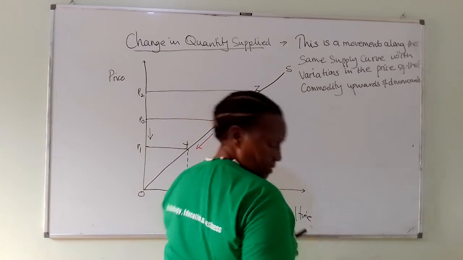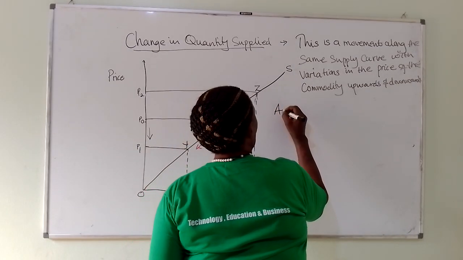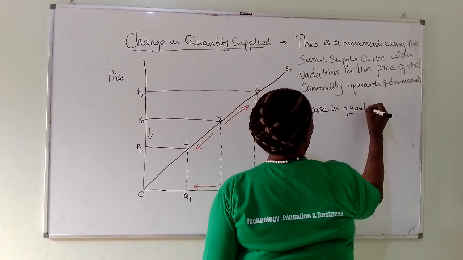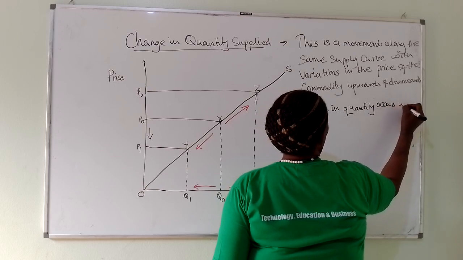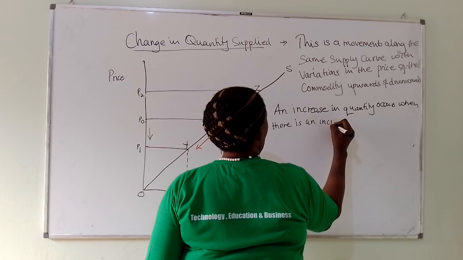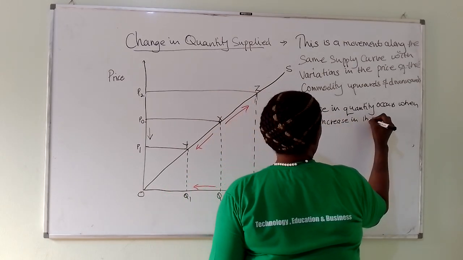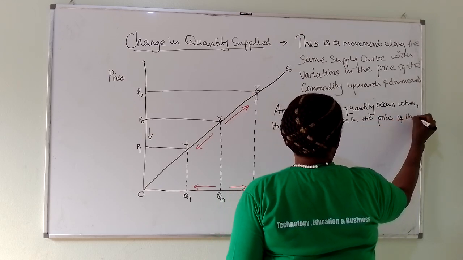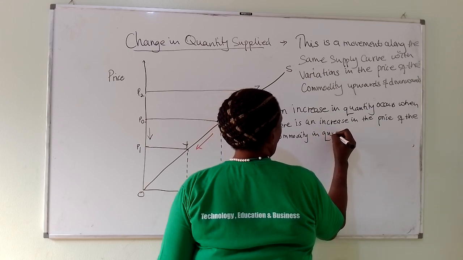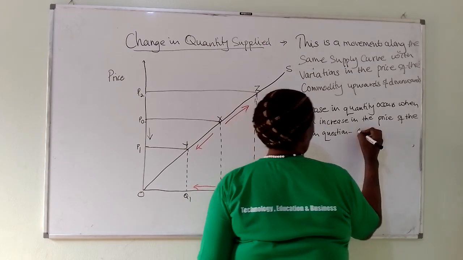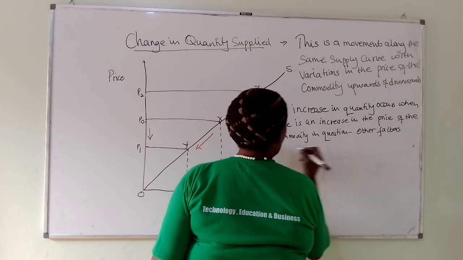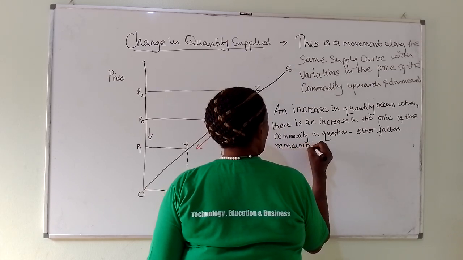So now, an increase in quantity supplied occurs when there is an increase in the price of the commodity in question, other factors remaining constant.